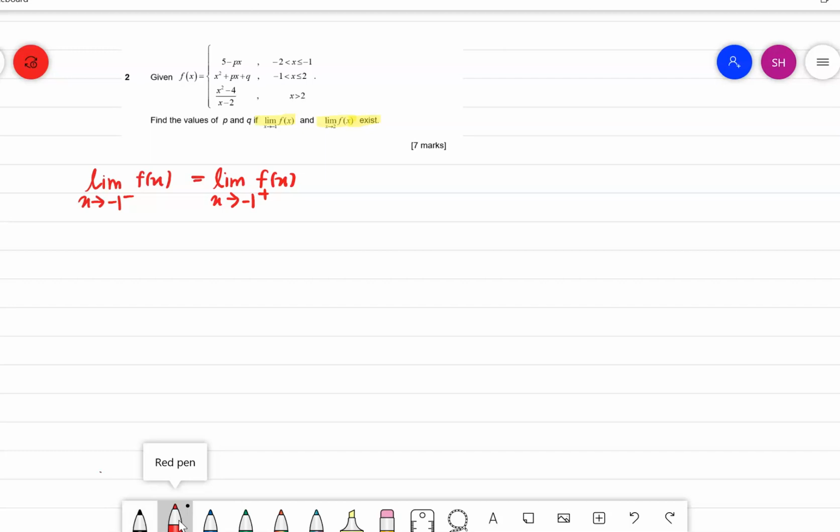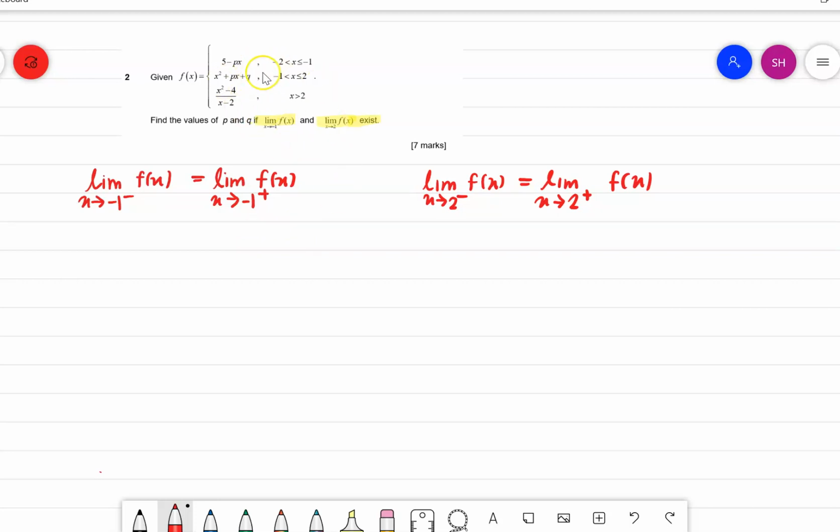And the same thing for the limit as x approaches 2. The limit of f(x) as x approaches 2 from the left must be equal to the limit as x approaches 2 from the right. Okay? This is the condition of existence of limit lah. Kalau limit tu exist, bermaksud limit from left as x approach a mesti sama dengan limit as x approach a from right. Okay?